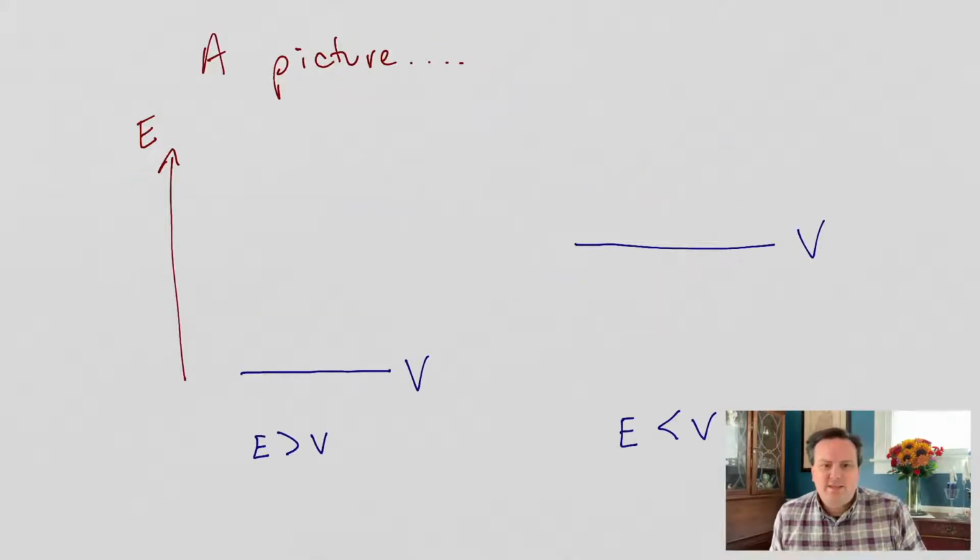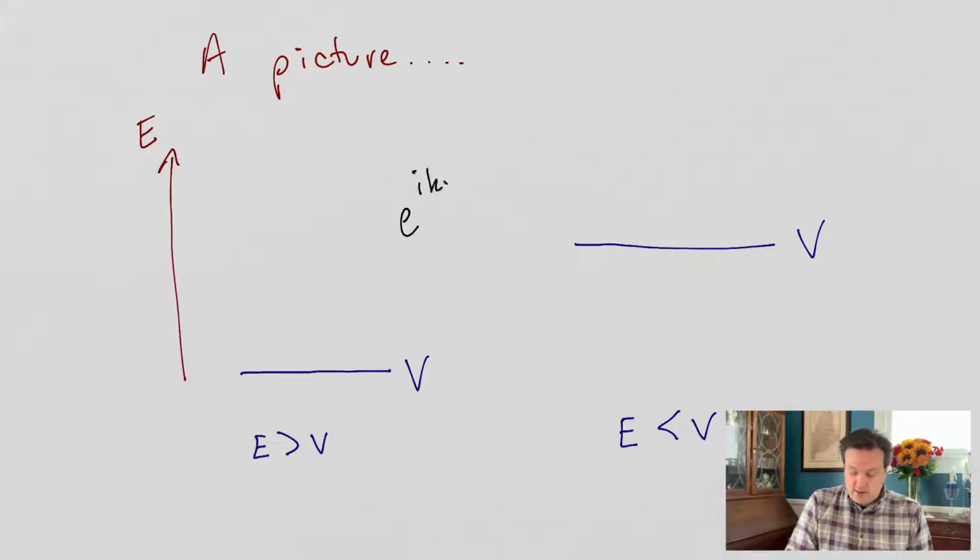I like to see this as a picture. In this case, I'm going to choose two different regions, one where the potential is low and one where the potential is high. If the energy of my state is bigger than my potential, I know I'm going to have two solutions that look like e to the ikx and e to the minus ikx.